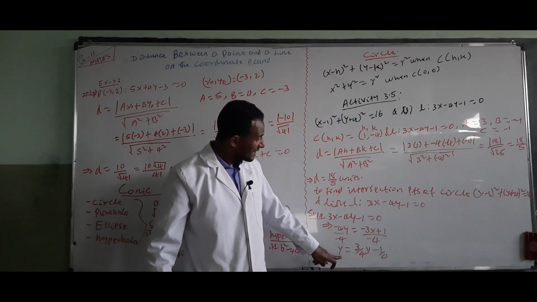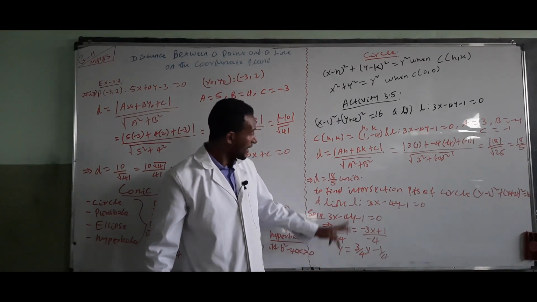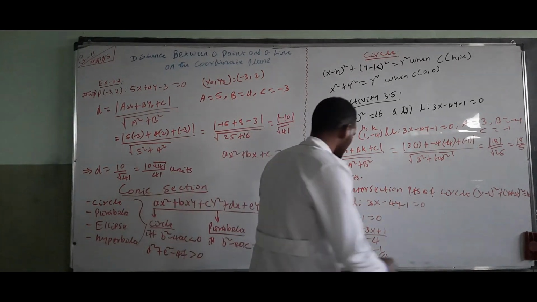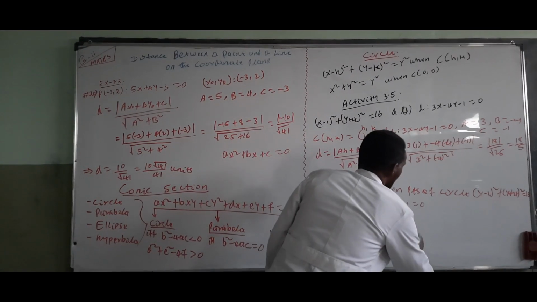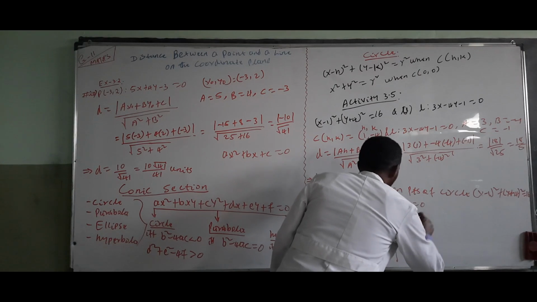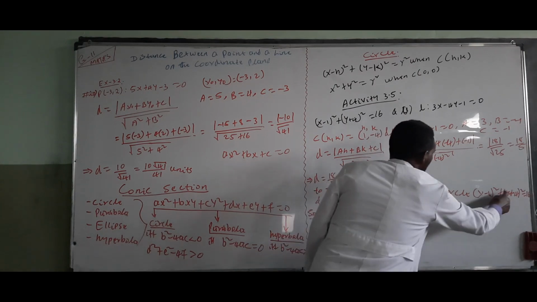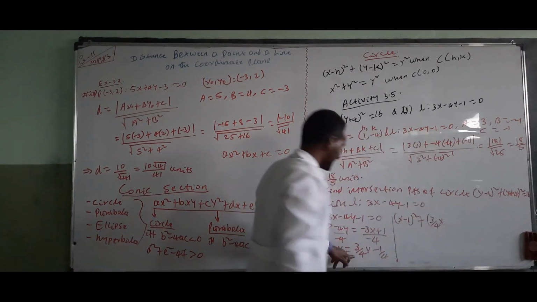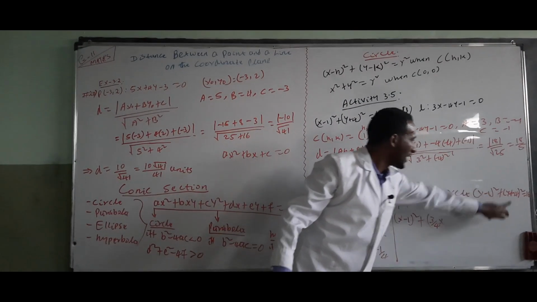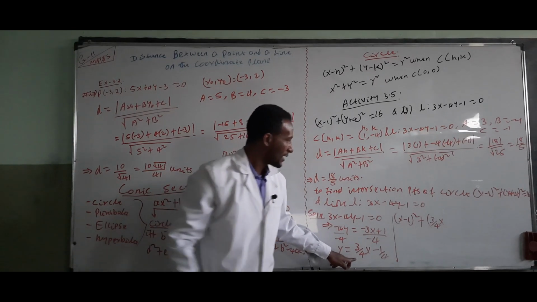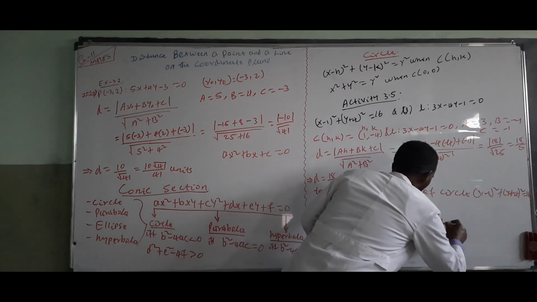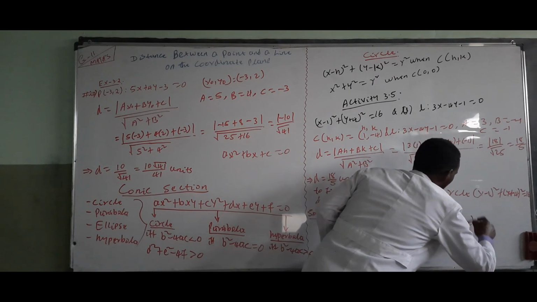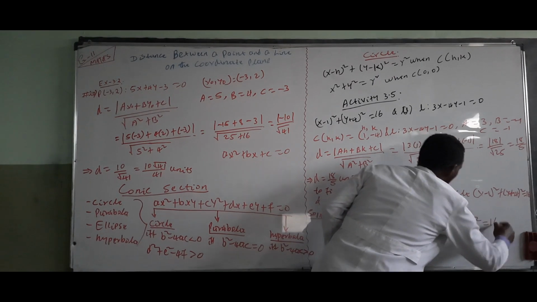Then we can substitute this value of y in the given equation of circle. Then the equation of circle is (x minus 1) whole square plus, at the place of y we can substitute 3 over 4 x minus 1 over 4, then plus 4 whole square is equal to 60.